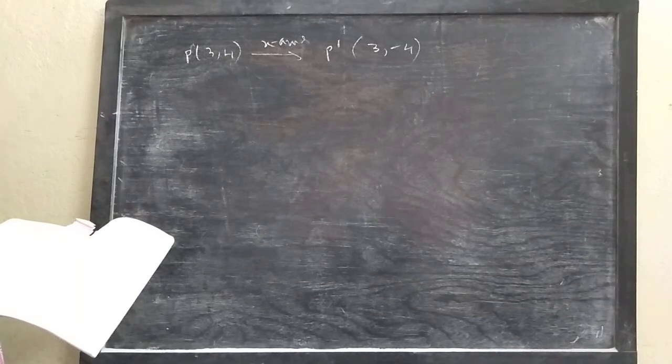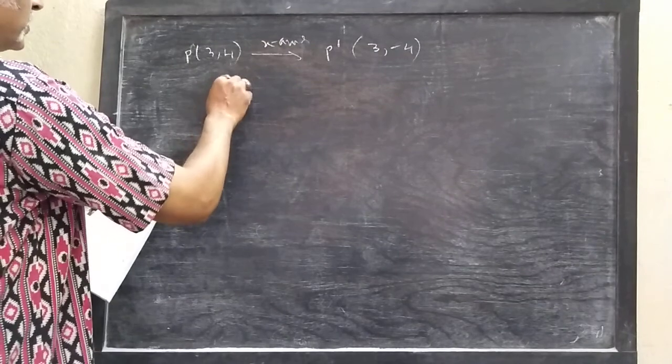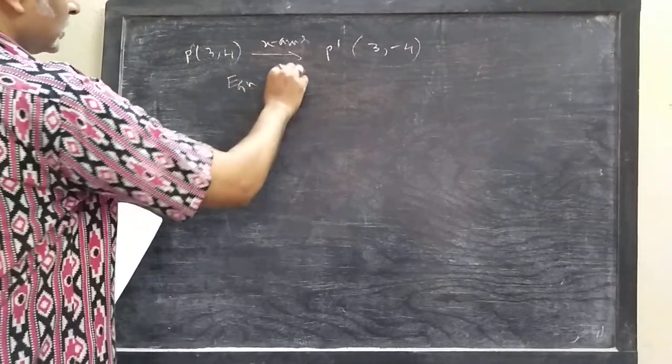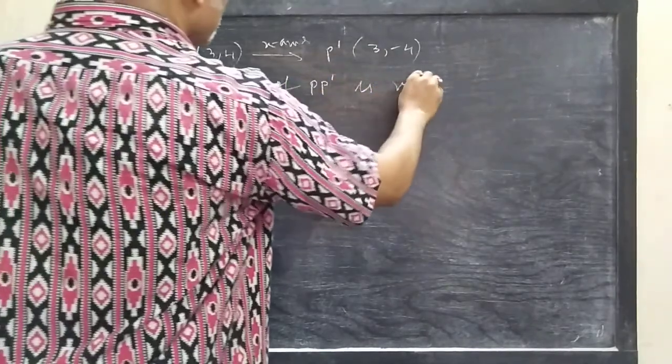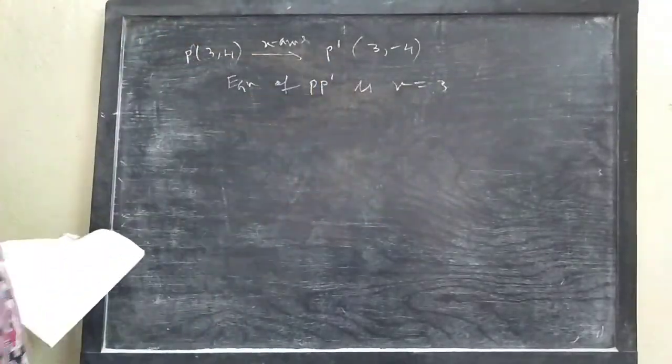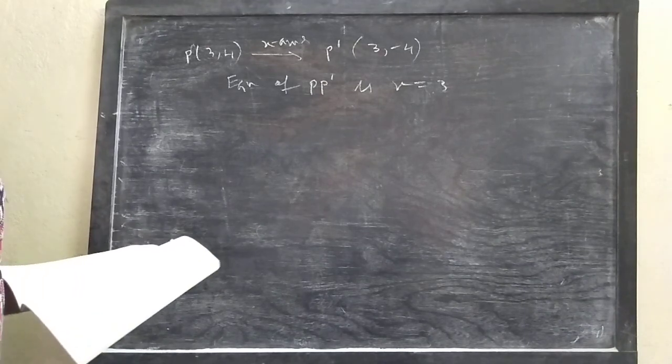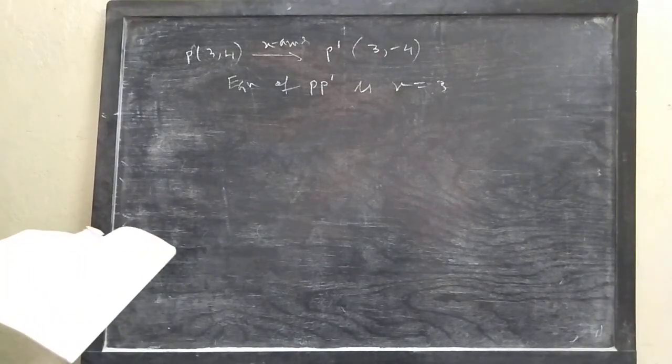And O' is the image of O when reflected in the line PP'. Now the equation of PP' is x equals 3, because in both points the abscissa remains fixed at 3, so its equation will be x equals 3.